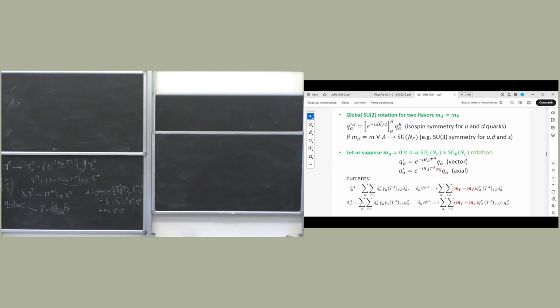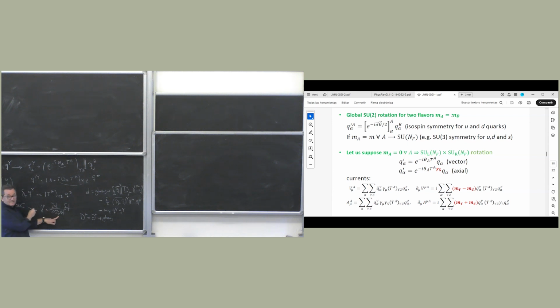So this covariant derivative d mu contains the normal derivative, the spatial derivative, plus gluons.